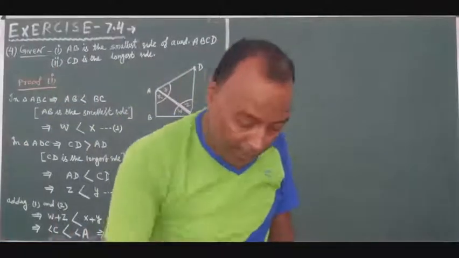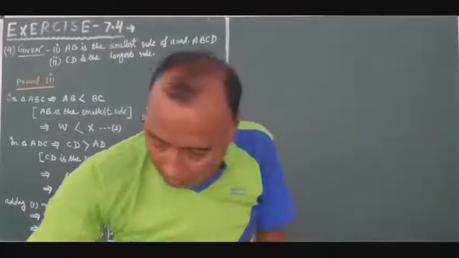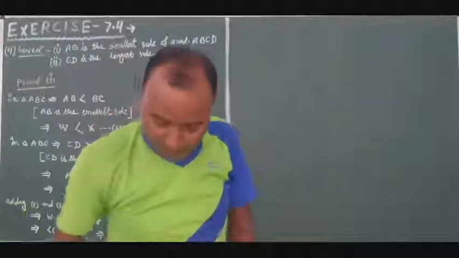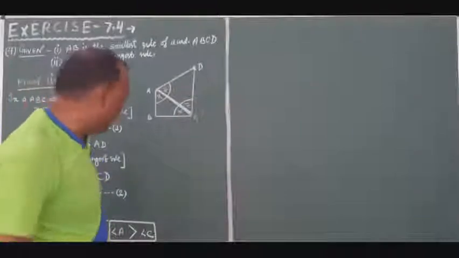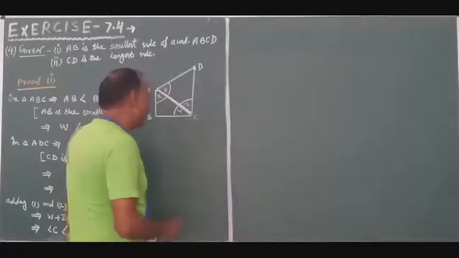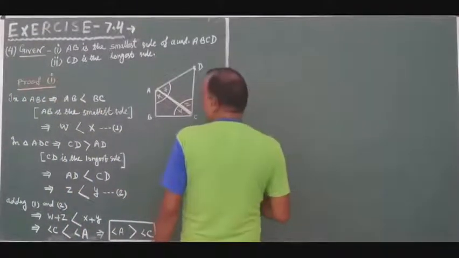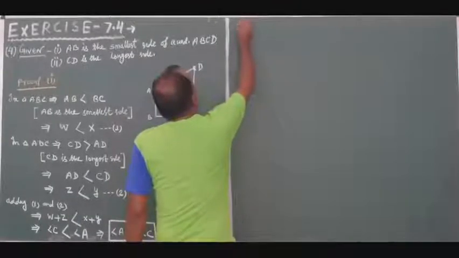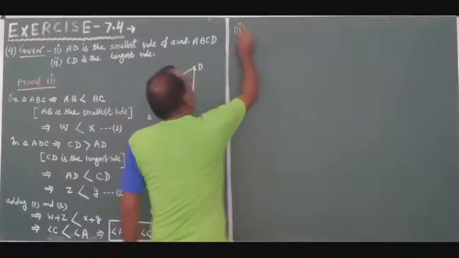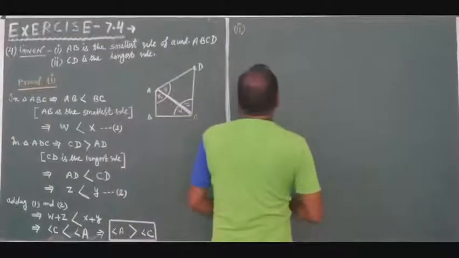Now for the second part, that angle B is greater than angle D. So now just look here. We will construct this quadrilateral.